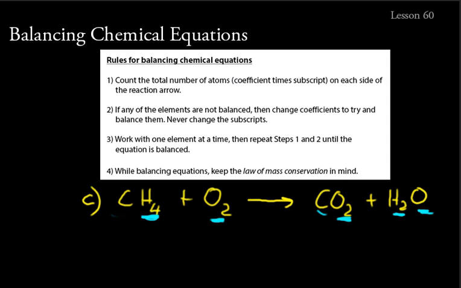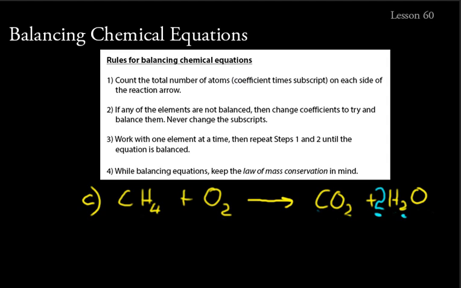So starting with carbon, we'll just go element by element here. There's nothing to do with the carbon, so we don't worry about that one. But the hydrogen, 4 on the left, so if we multiply the H2O by 2, then we'll have 4 on the right, because this 2 times 2 is 4, right?